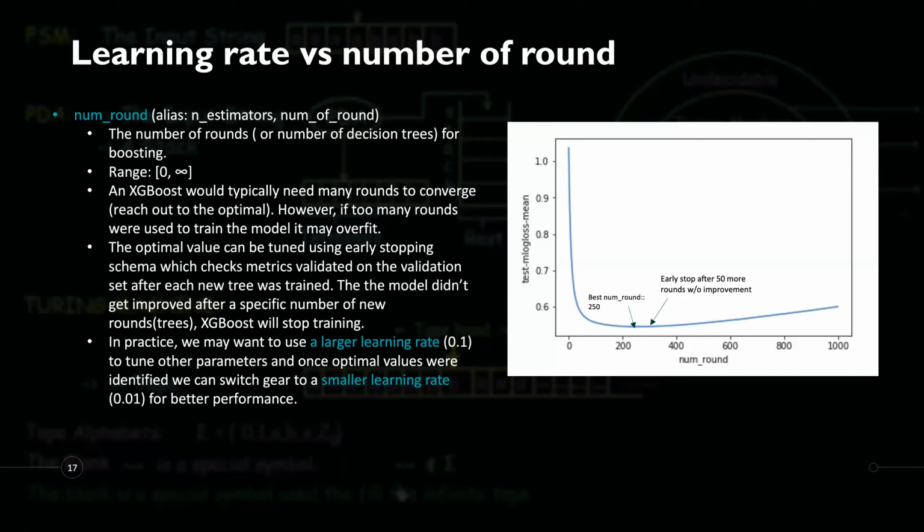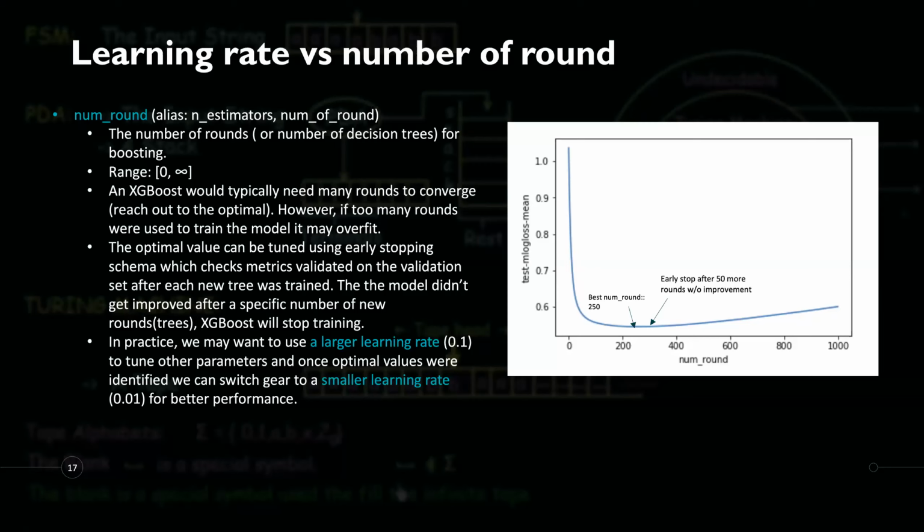The concept of epoch is the number of times we would like to repeat the optimization process. But here, the number of rounds simply equals the number of decision trees we would like to train for XGBoost.